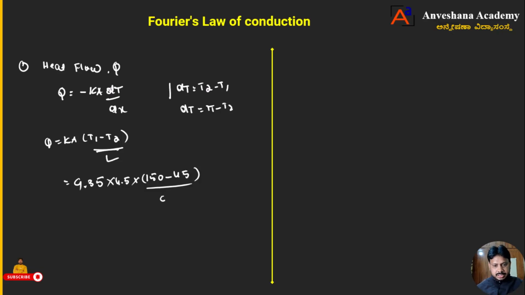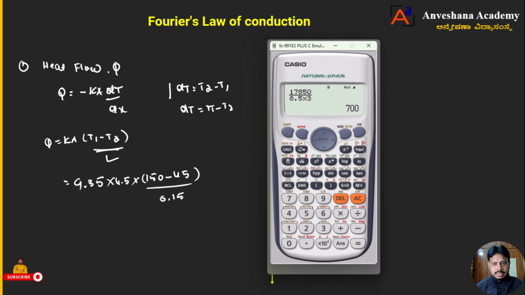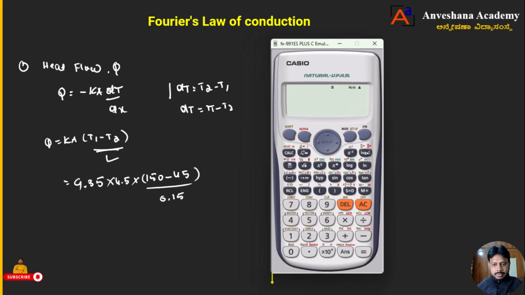So I will write it here, 0.15 meter. Then I will try to solve this numerical, dear students. So now what I will do: 9.35 multiplied with 4.5 into the temperature difference, that is 150 minus 45, bracket close.